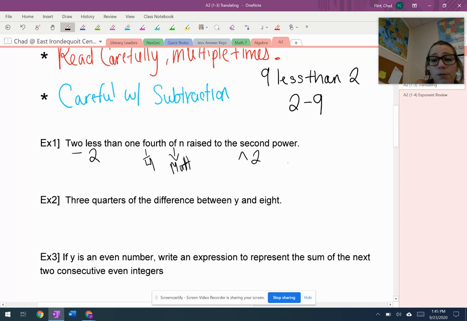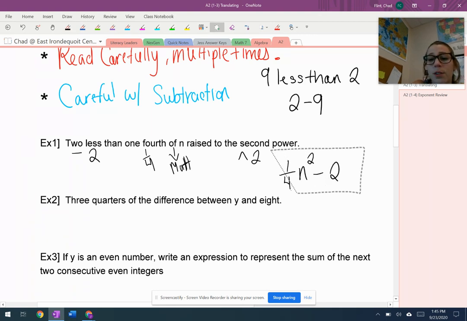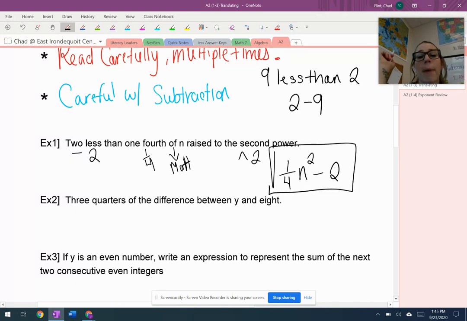So first 1/4 of n, keeping in mind that n is being raised to the second power, and then we want 2 less than that. So that gives us the expression 1/4 n squared minus 2.